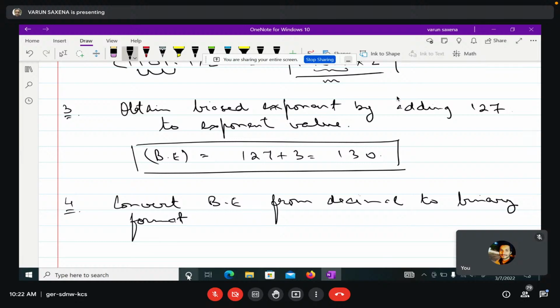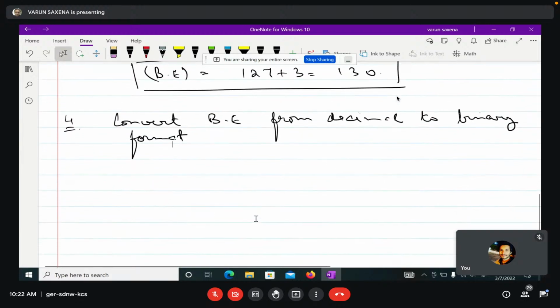So can you quickly tell me what is the binary representation of 130? Anyone? I'm waiting for an answer from you.